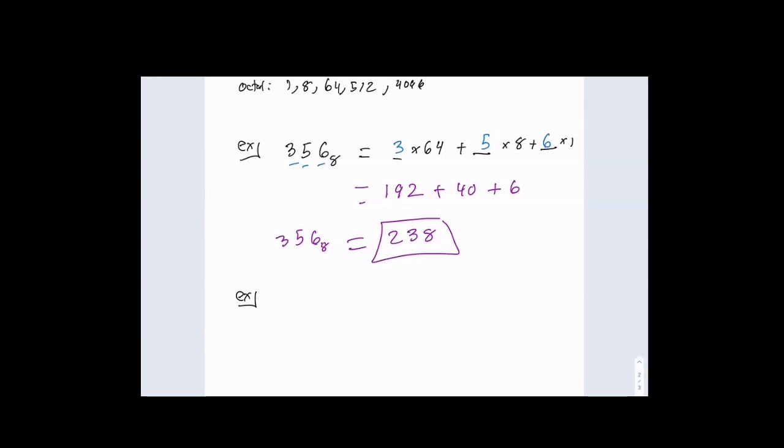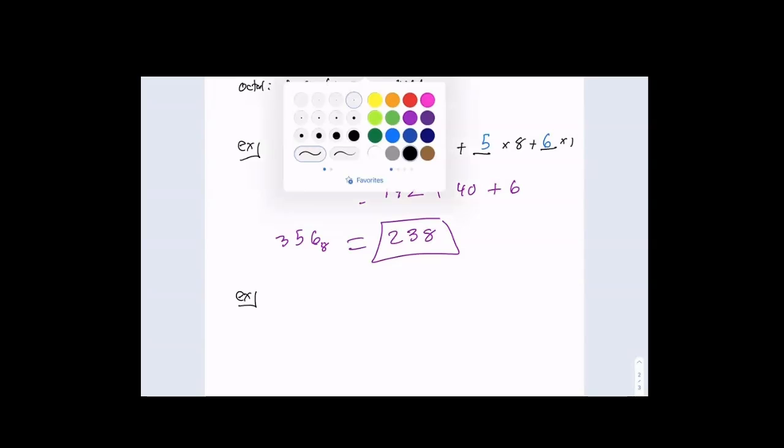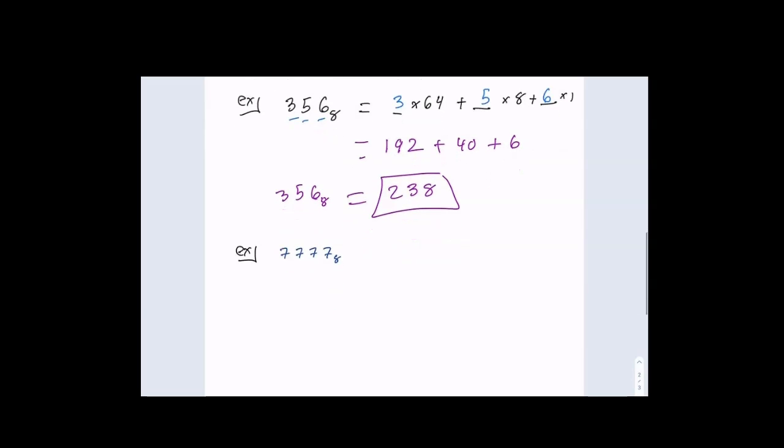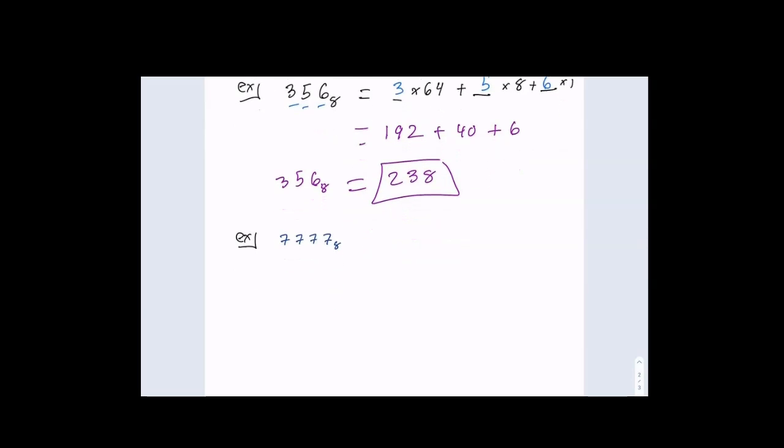So 4 bits. We'll do a 4-bit number. The one that was brought up in the chat to me was 7777 in octal.